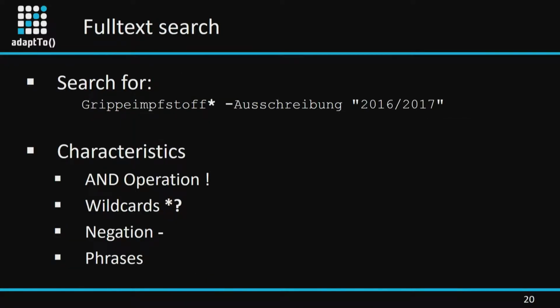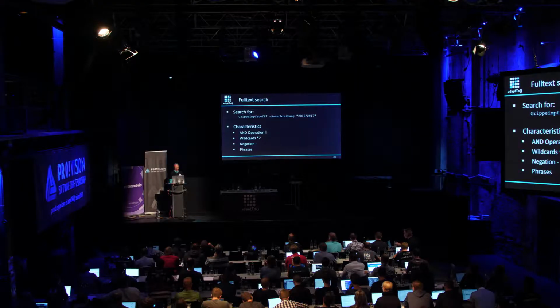So shortly, what provides the full-text search, you can see a search term. It demonstrates what the full-text search can do. It deals with wildcards. It deals with negation. It deals with phrases.